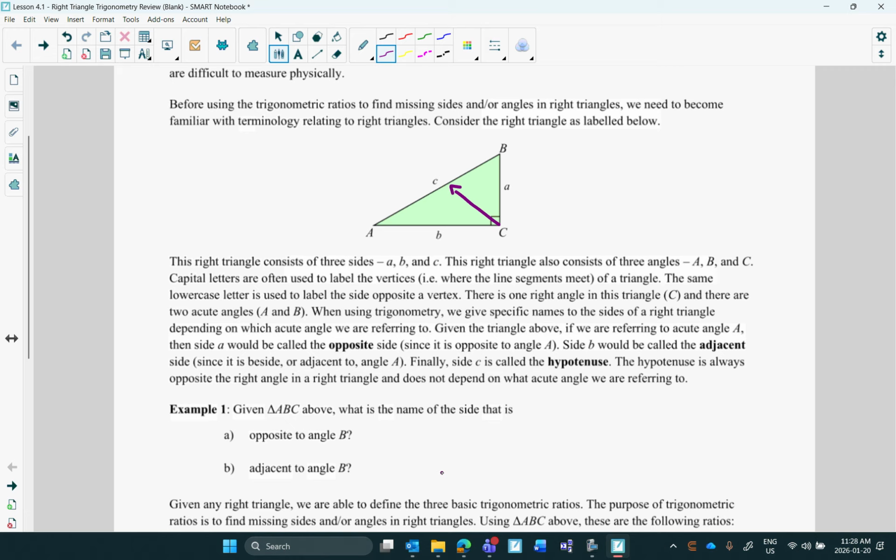Little a, because again, I can draw an arrow out from A, and the side that I hit will be called the opposite. Which means by elimination, this third side is the adjacent. That's usually the best way to find them. Locate the hypotenuse, then the opposite, and the third side has to be the adjacent.